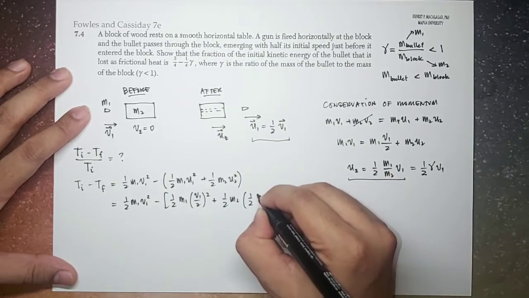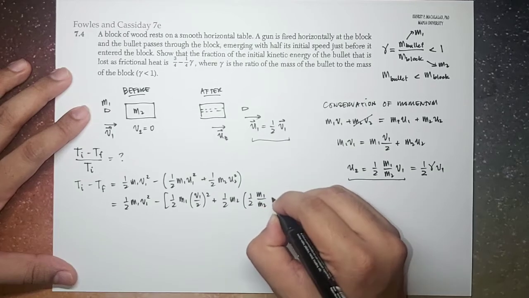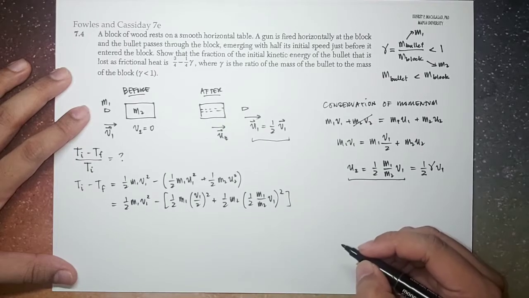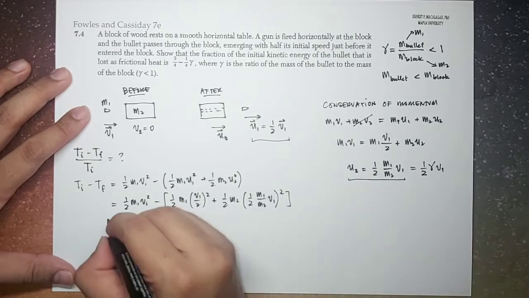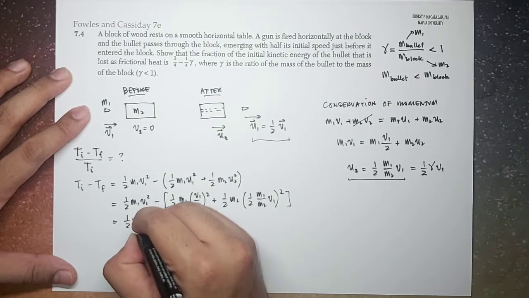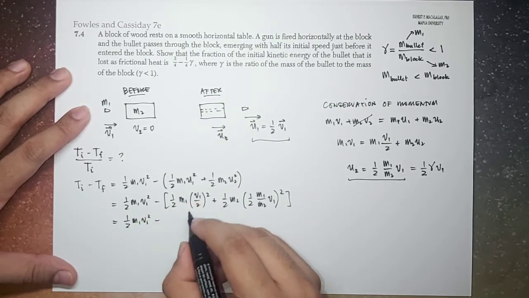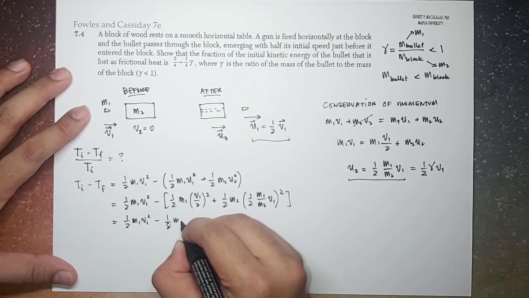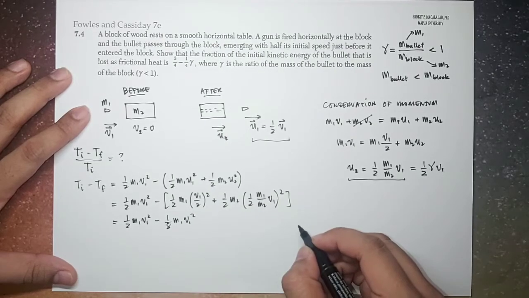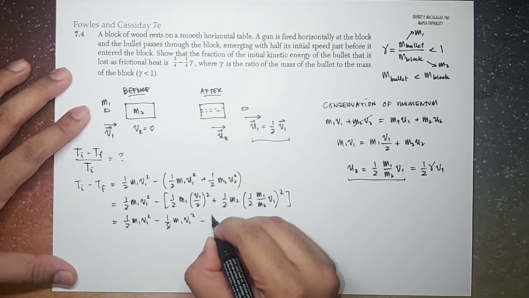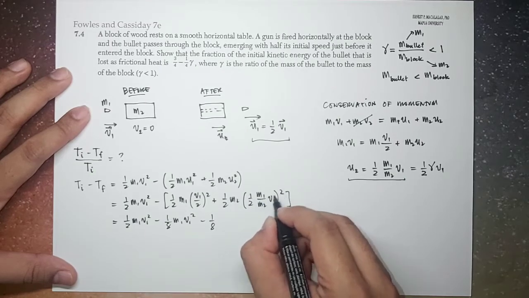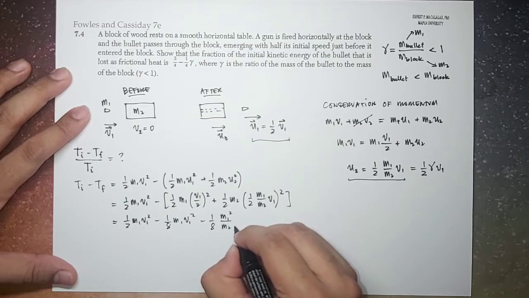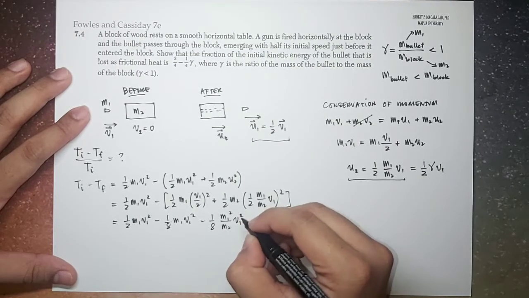So this is 1/2 m1 over m2 v1 squared, which is equal to 1/2 m1 v1 squared minus 1/8 m1 v1 squared, and this will be minus 1/8 m1 squared over m2 v1 squared.